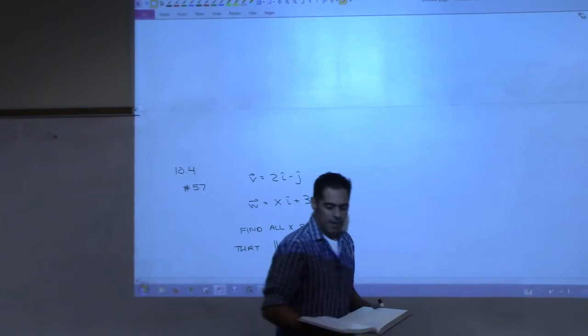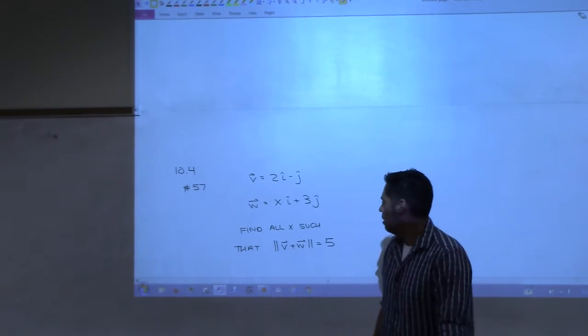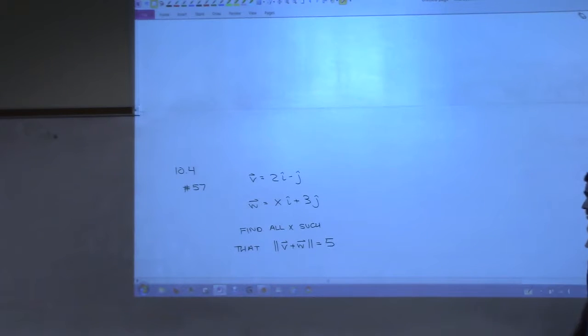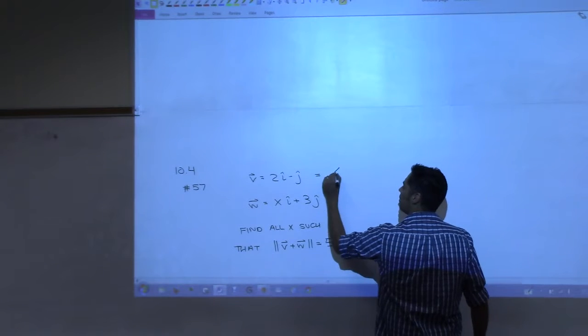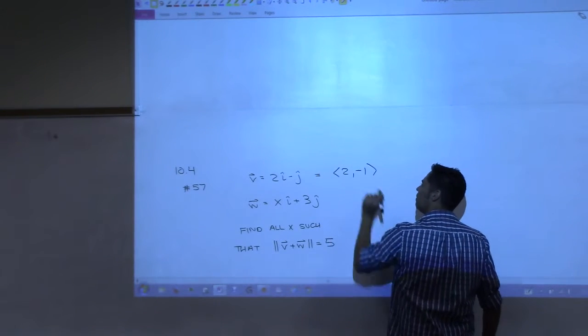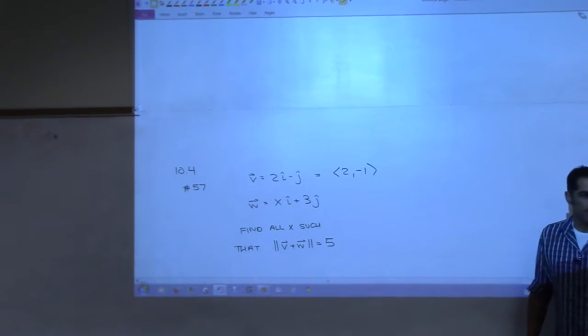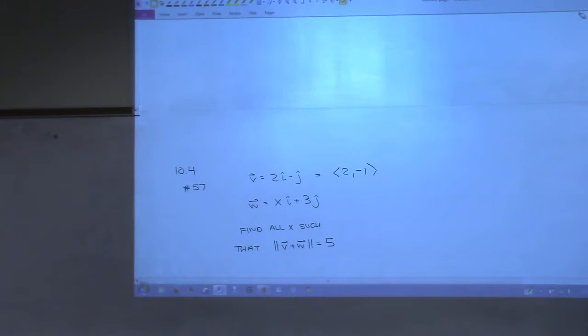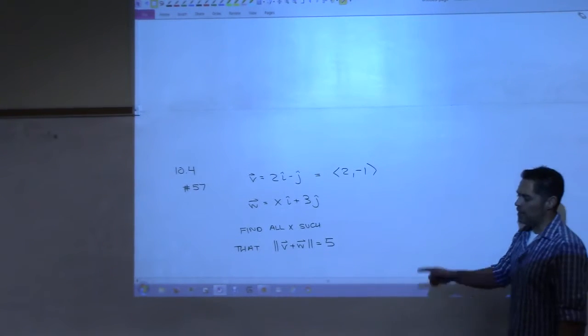Such that the magnitude of V plus W is equal to 5. Okay, first things first. I told you I don't like the ij notation, so let's all be clear that this is really the vector 2, -1. That's the same thing. And then what is this vector?